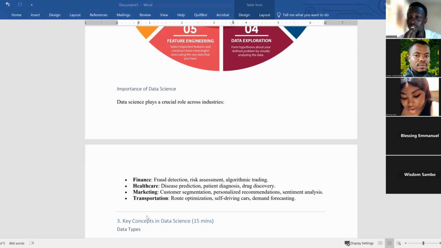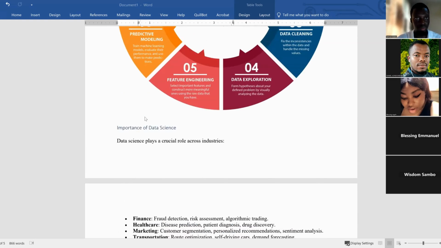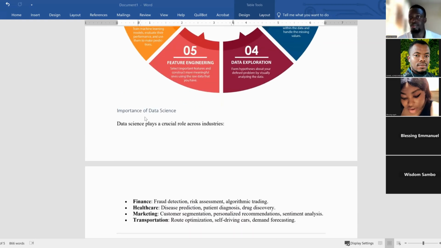What I'm sharing with you guys, this Word document, is data. So now that there's data, there's space for you as a data scientist.